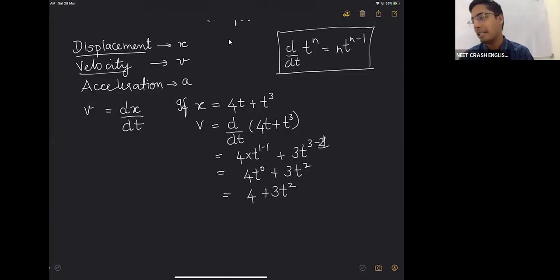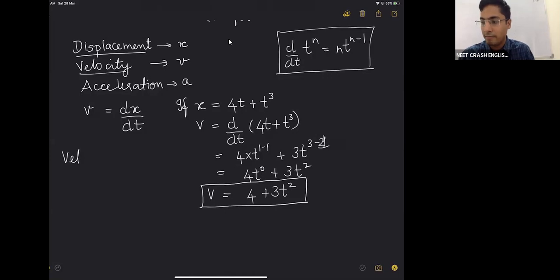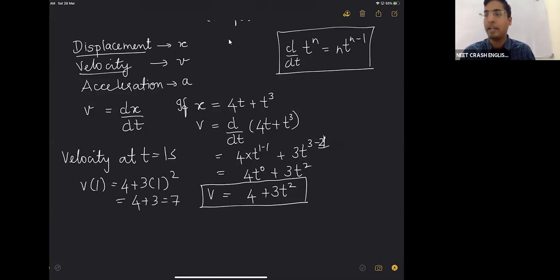So that is basically the expression for velocity if displacement is given. Okay. Now if someone asks you what is the velocity at t equal to 1 second, you can say that v at 1 is 4 plus 3 into 1 square, which is 4 plus 3, which is 7 meters per second.